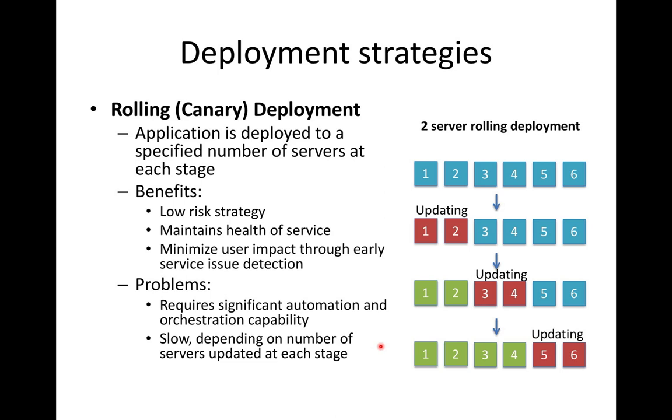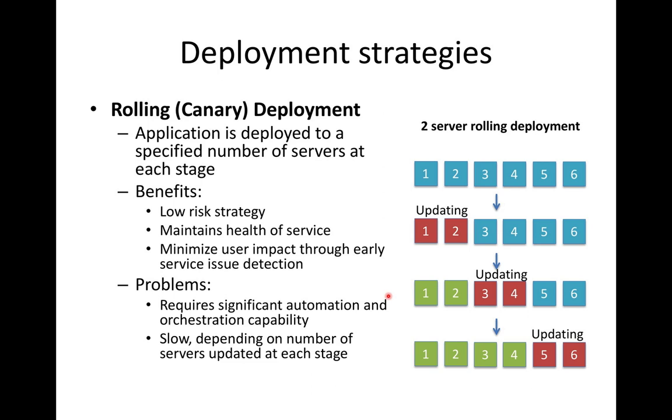So the benefit of this process is that we're just slowly updating our software code on our servers, and we're sort of slowly rolling it out. And as we're rolling it out, we're also doing some testing. And if we see that there's a problem, then we can roll back those changes.